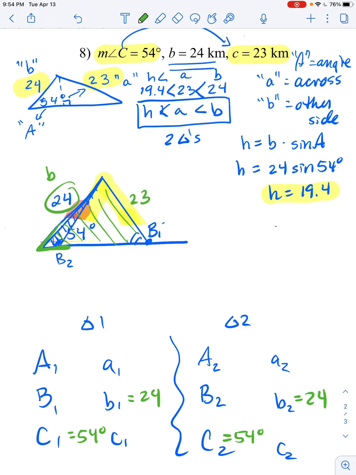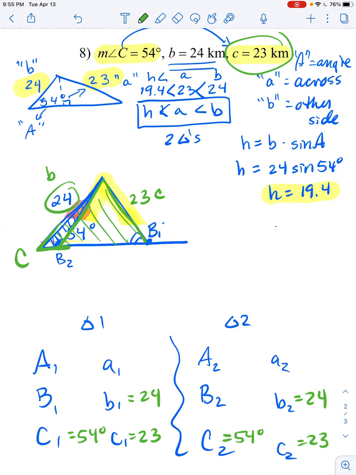Side C over here is 23 no matter which location it's in because that was given. Oops, I'm sorry, that was side C. I called it A because it was across, but when I look back at my actual information up here, that was side C. It just was the one across from. So that is going to be angle C, side C, and then we have to find the other information.